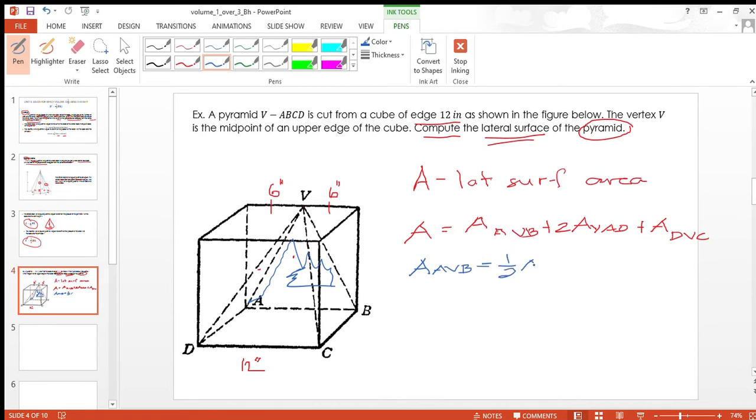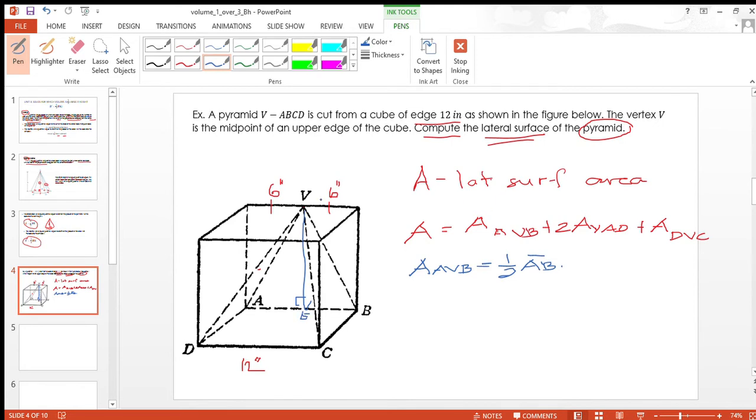What's the base? AB times the height. So what will be the height there? I'll just fix that. Okay, so what will be the height here? We can draw a perpendicular line there, and maybe I can call this point E.